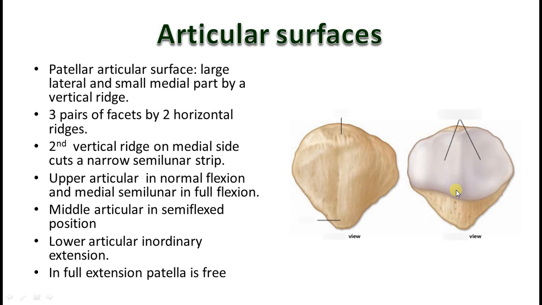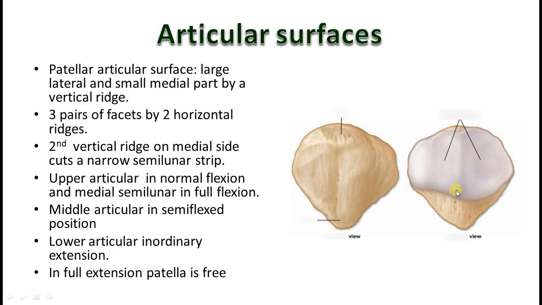That is one thing. What is the function of the patella? It minimizes the friction. During full extension, it is actually present between the femoral condyles and the tibial condyles. In extension, it increases the momentum of the quadriceps tendon.